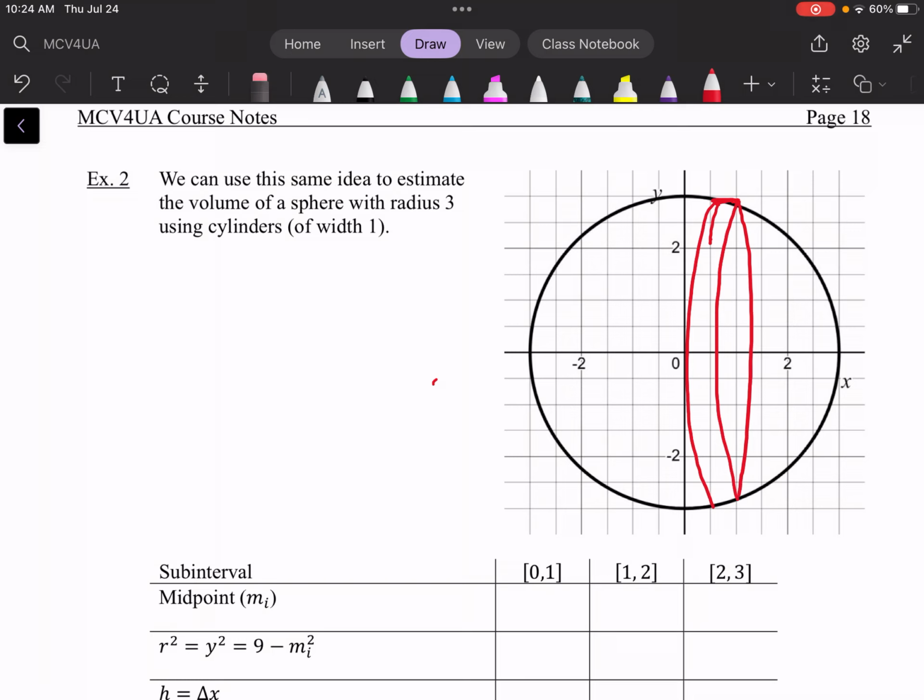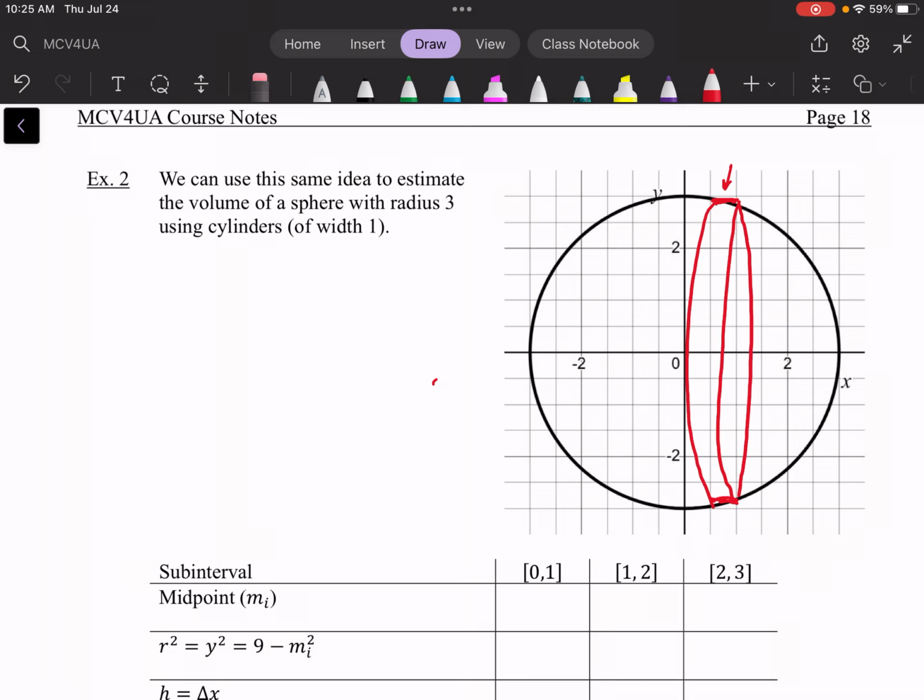To take a cylinder and rotate it around the x-axis. And this will just give the subinterval right here of 1 to give you just the volume of the sphere.